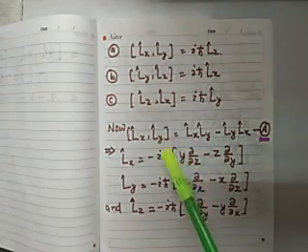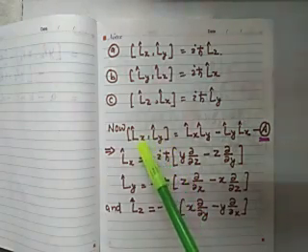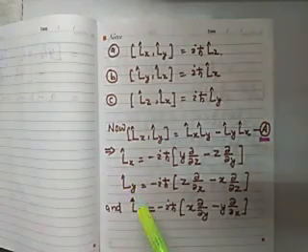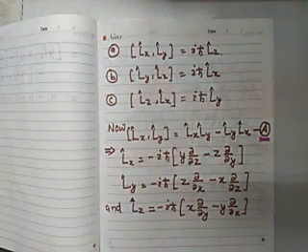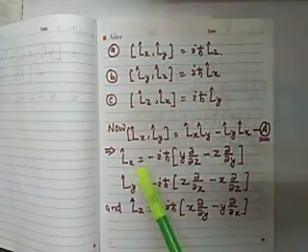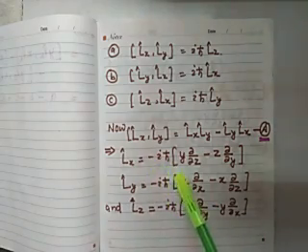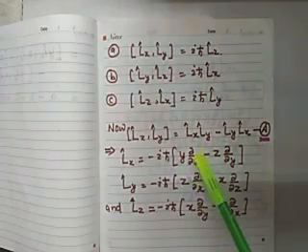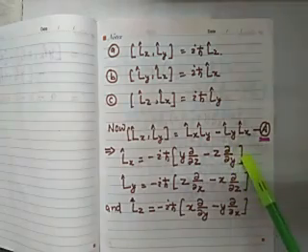Now, the values of angular momentum operators Lx, Ly and Lz in Cartesian coordinate system are given as Lx is equal to minus i h cross inside the bracket y del upon del z minus z del upon del y.